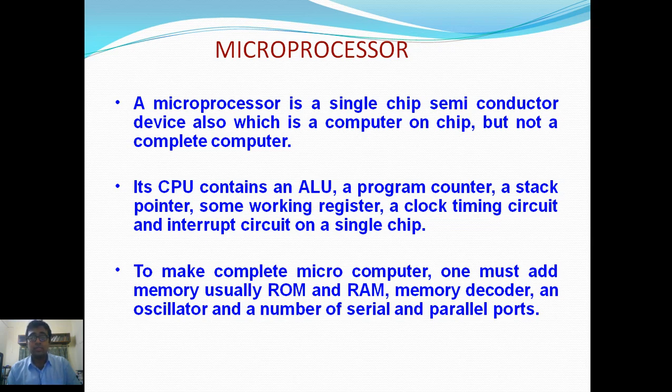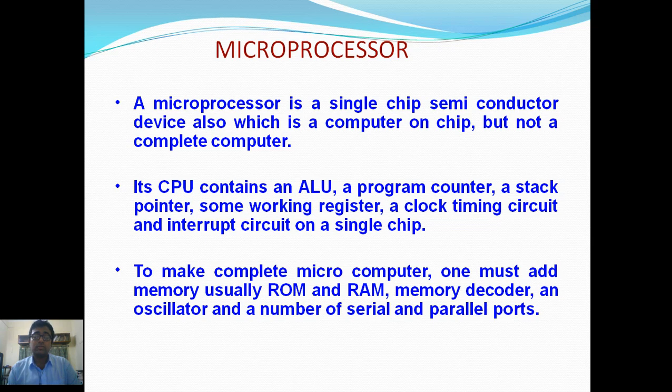A clock timing circuit, through which the important clock pulses or timing constants are supplied to different parts of the processor. An interrupt circuit is required for interrupt handling in the processor.